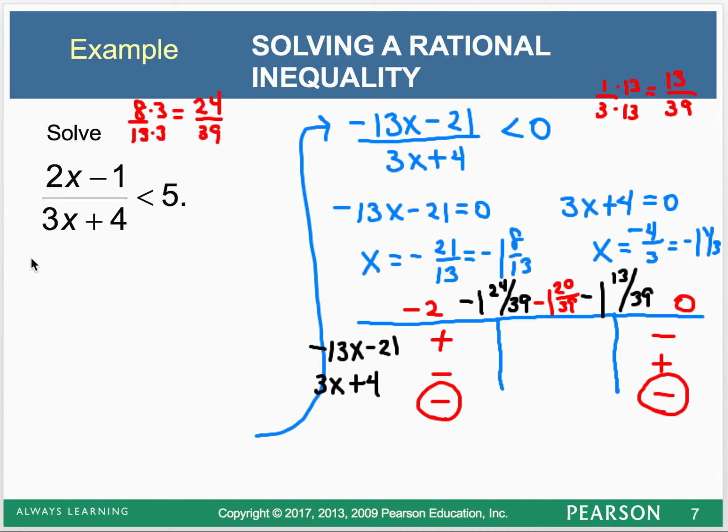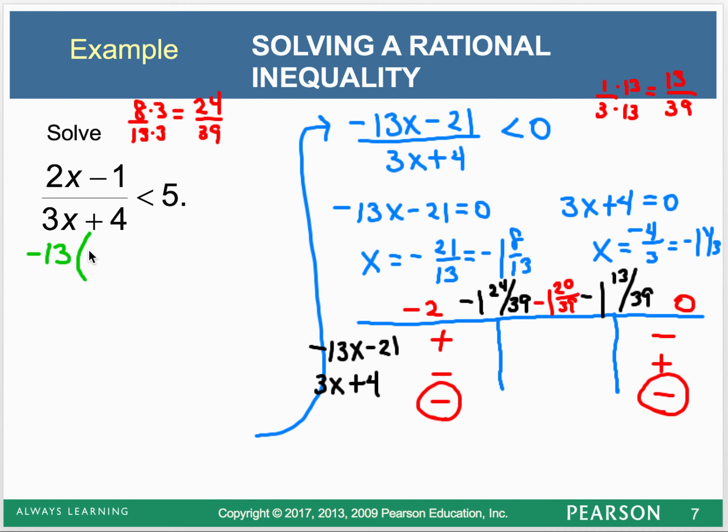I don't think it's going to be as bad as you're thinking, because that 13 and that 3, the reason we have that denominator, it's going to cancel easily. So we have -13, and then times, since I'm going to work with it, let's make it an improper fraction. So 39 times 1 is 39 plus 20, so this is 59 over 39.